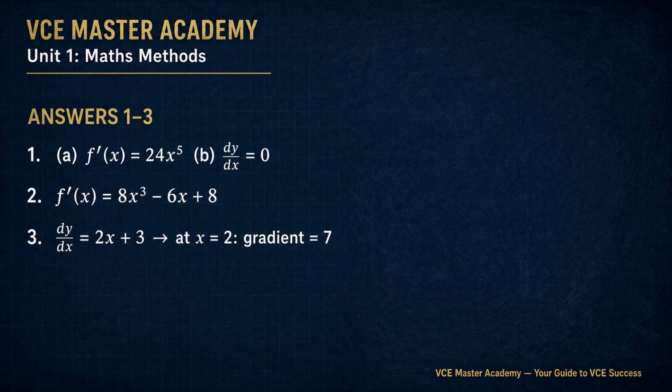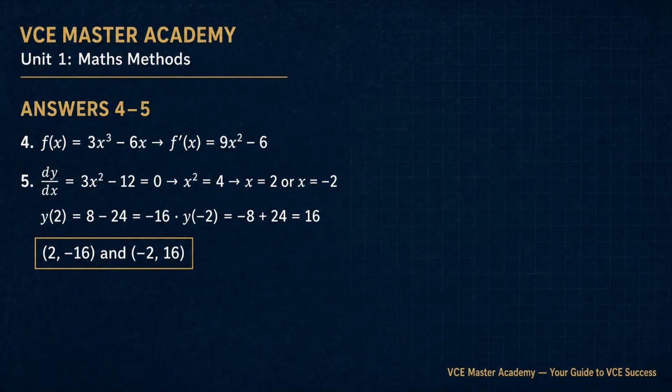Question 3. The two steps. Differentiate. X squared gives 2x, 3x gives 3. So dy dx is 2x plus 3. Substitute x equals 2. 4 plus 3 is 7. The gradient of the tangent is 7. If you got 7 by any other honest route, well done, but formula then number is the path that never breaks. And the last two.